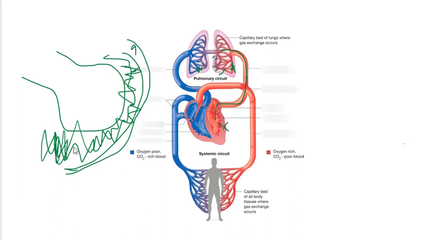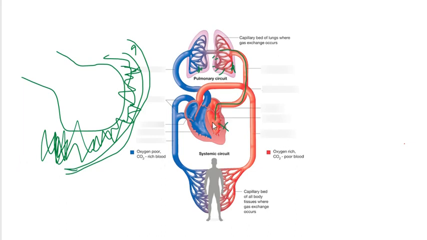The oxygen had a short pathway to cross, and now it has to cross a wider one. This is now causing a problem with breathing. It's going to cause dyspnea, etc. So that is an example of forward failure and backward failure.